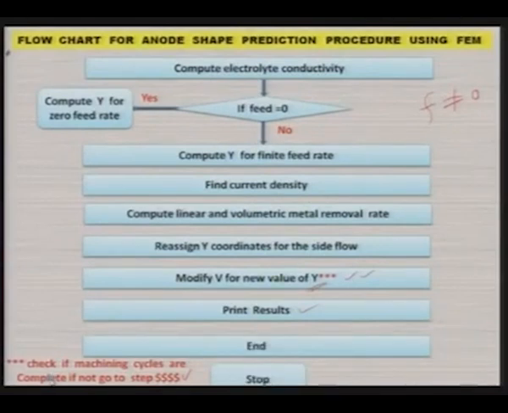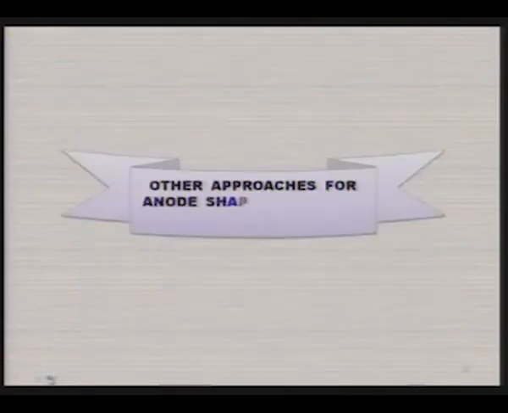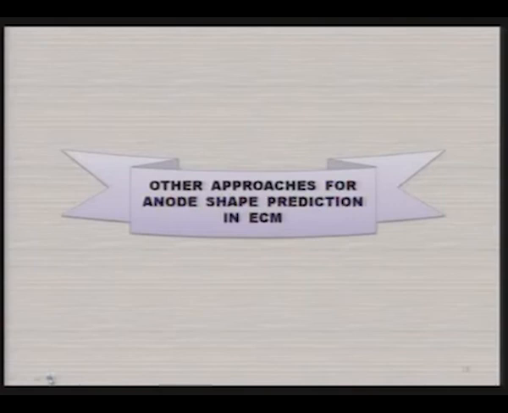So, this is the procedure that you can follow for prediction of the anode shape in case of ECM using the finite element method, boundary element method or finite difference method. This is the numerical analysis method that I have explained to you. There are various other approaches for anode shape prediction in ECM that have been proposed by various researchers.